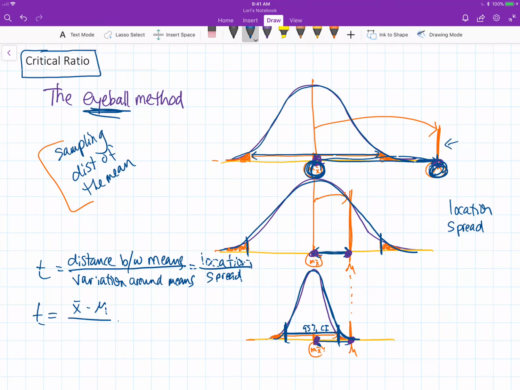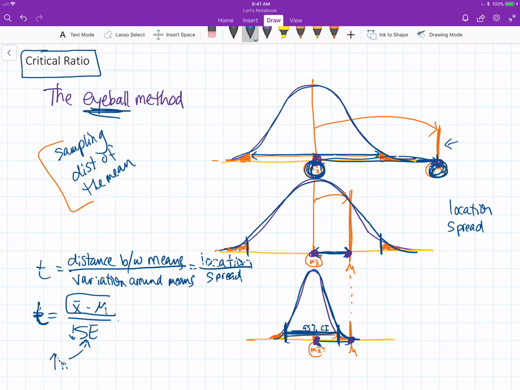Divided by the standard error. Now here's this whole notion of the standard error coming into play again. As you recall, as our sample size goes up, so as n increases, that definitely impacts our standard error. Standard error gets smaller and smaller and smaller, and this confidence interval gets narrower and narrower and narrower.